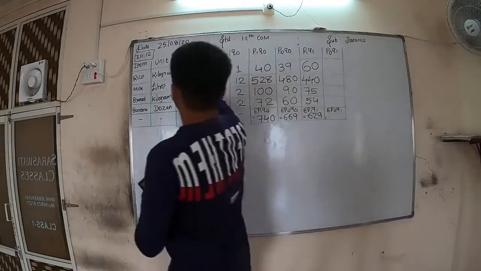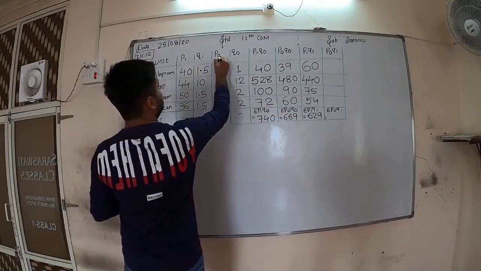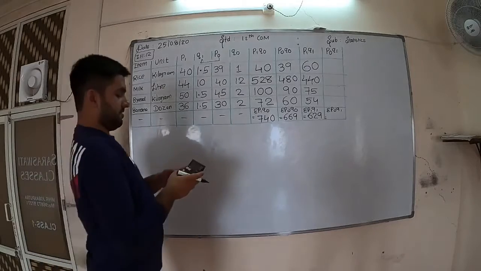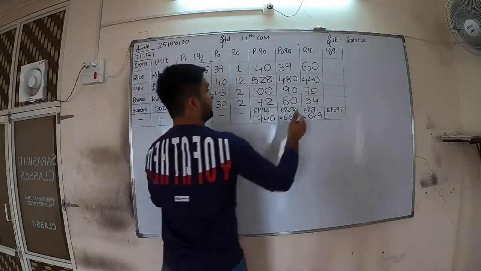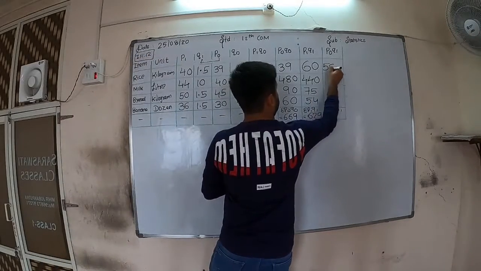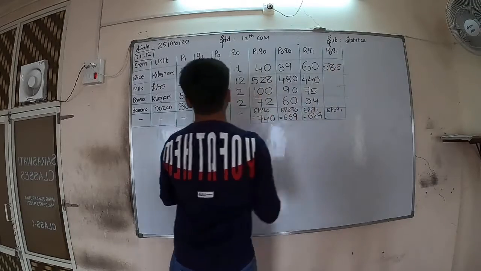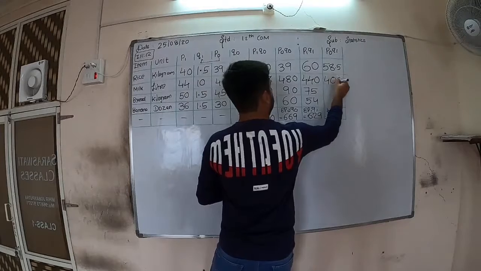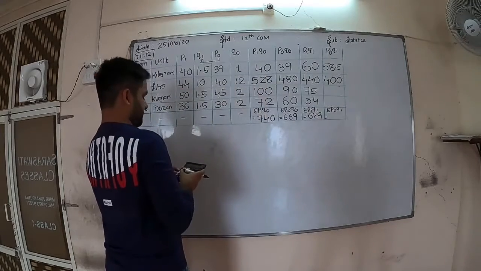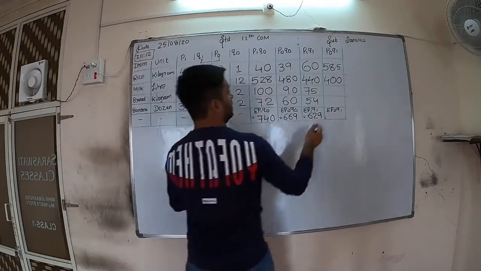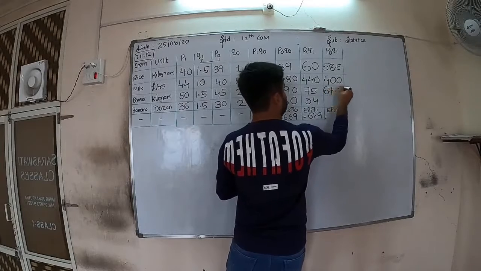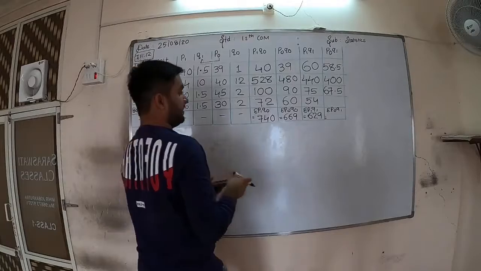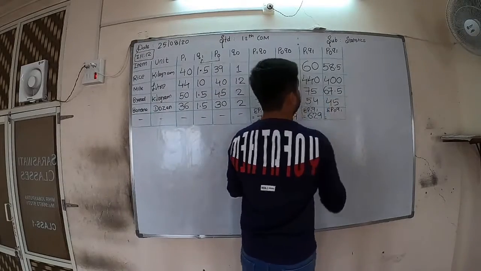And last, which one? P0 Q1. Okay, P0 Q1. 1.5 times 39, 58.5. 10 into 40, 400. 1.5 times 45, 67.5. 1.5 times 30, 45.